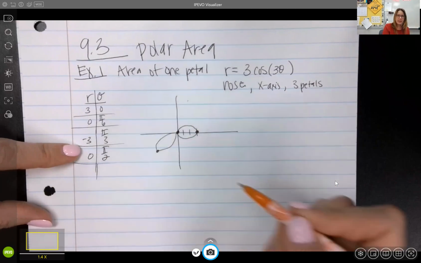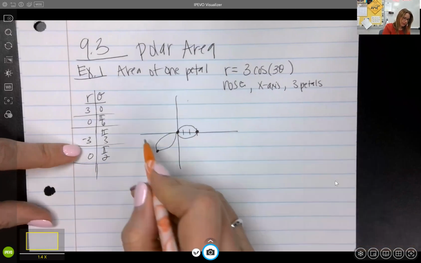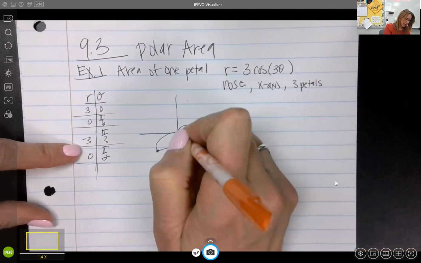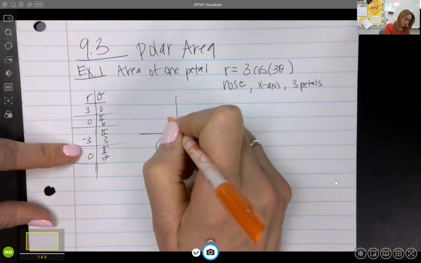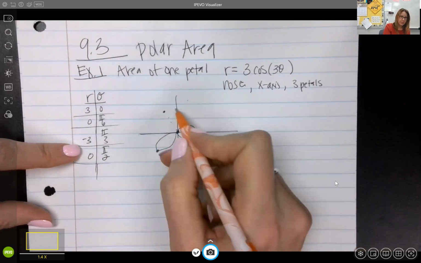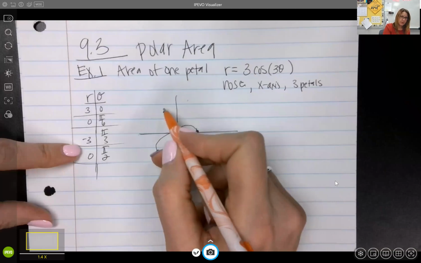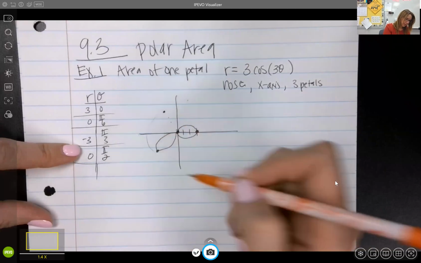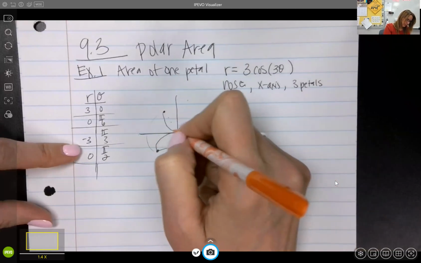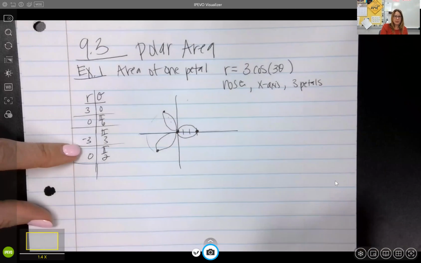They should be the same size. And then if it's symmetric with the x-axis, then I know there's going to be another one that's pi/3 away from the x-axis. So this distance is pi/3 and this distance is pi/3. And we create our rose petal curve, okay?